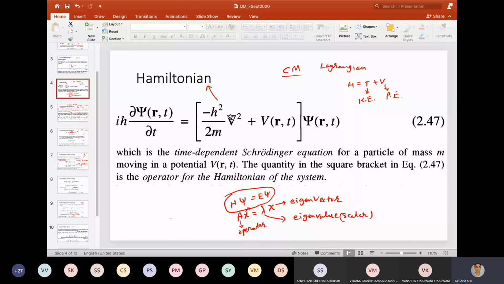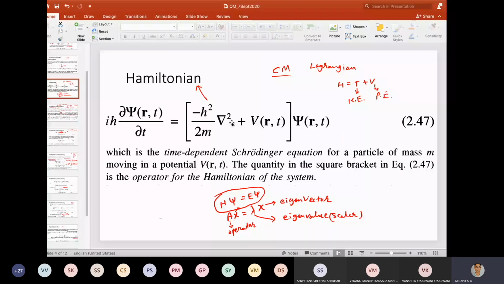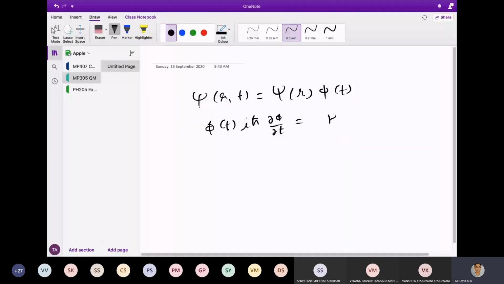So we simply substitute. I will write this as Hamiltonian H for the time being. So I have this operator H, and on the right hand side you have this psi, which is now replaced by psi into phi. So this is what we are doing.